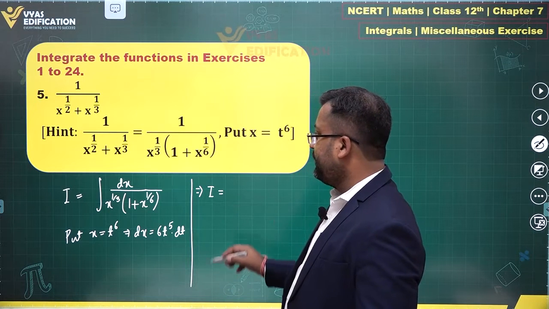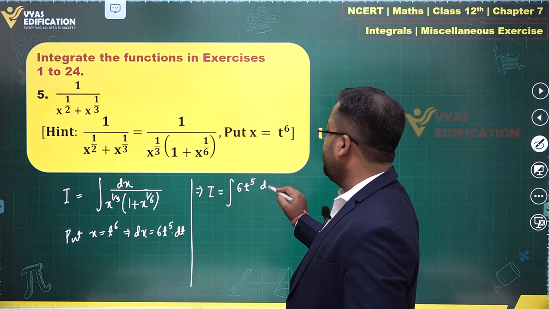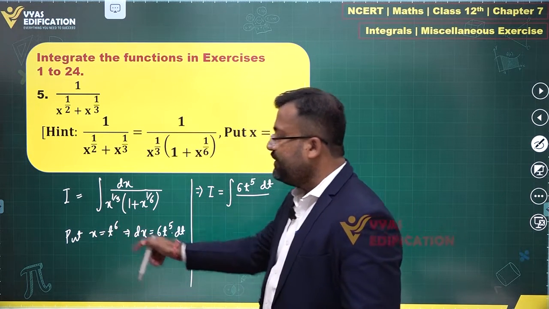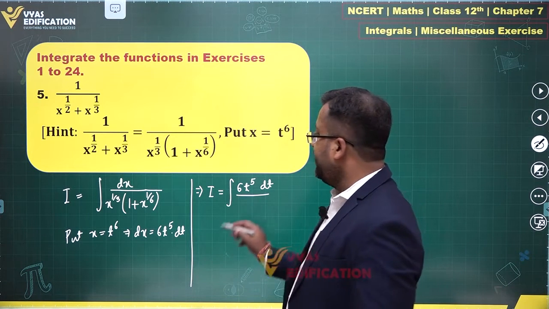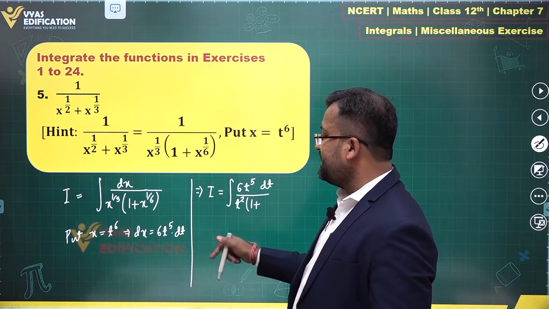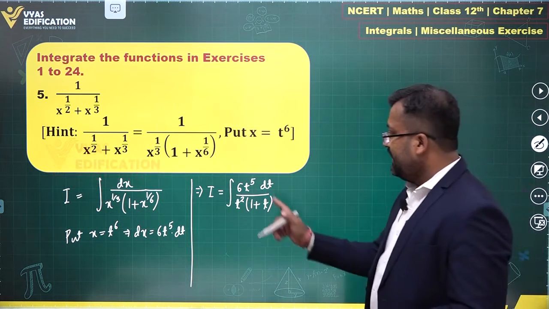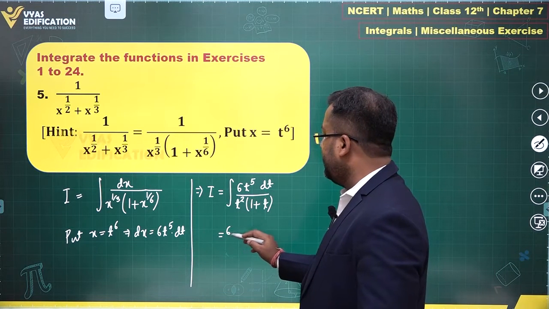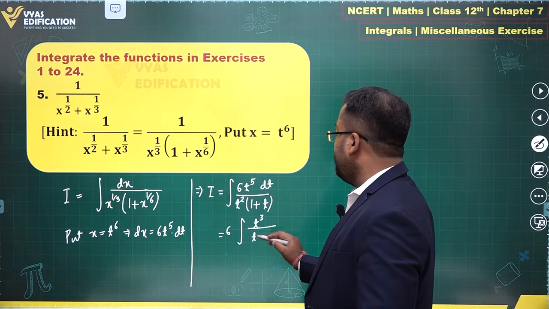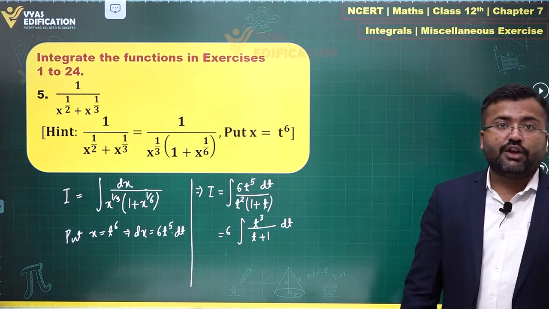I will be the integral of dx, which is 6t power 5 dt upon x power 1 by 3. x power 1 by 3 will be t power 6 power 1 by 3, t square. 1 plus this x power 1 by 6 will be t. This is what you will get, right? That 6 can come outside the integral. In the integral you have t power 3 upon t plus 1 dt. And now this is the integral that we are looking to find.